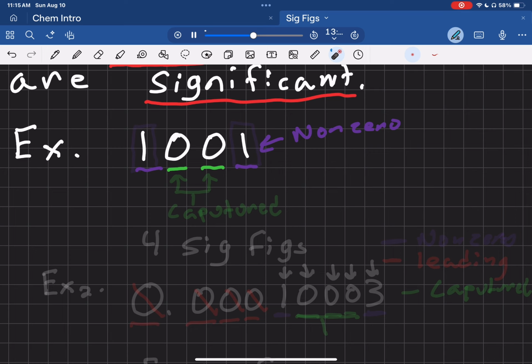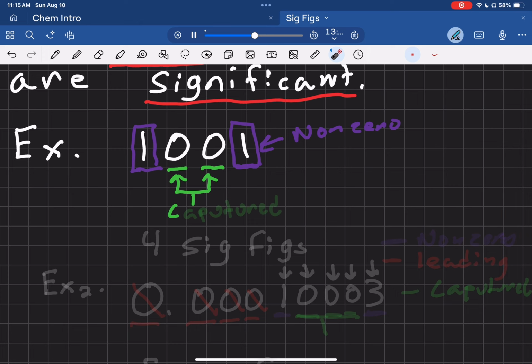Specifically, the one right here and the one right here. So we would say that in this example, we have 2 captured zeros which are considered to be significant.